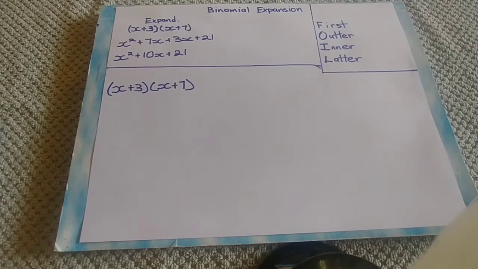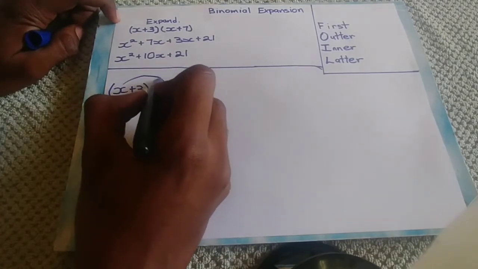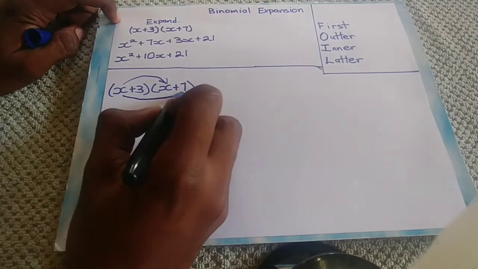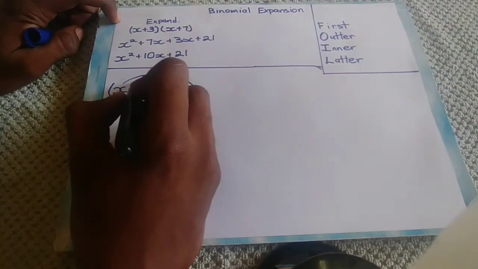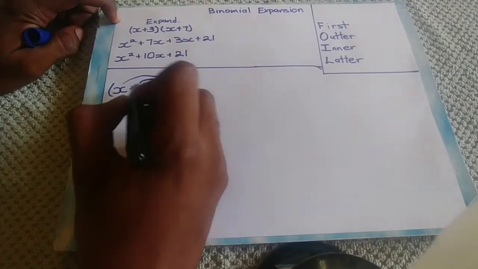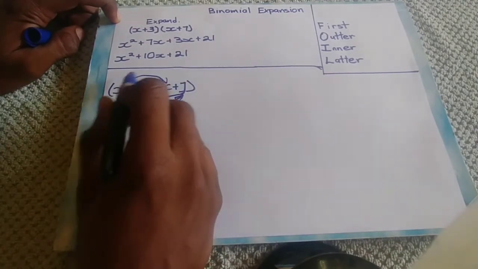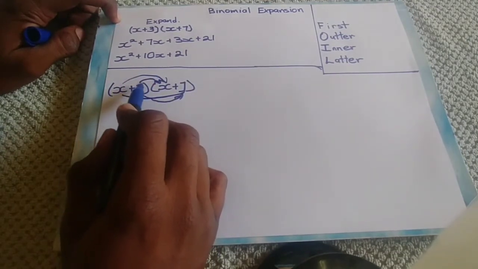Let me show you what I mean. You take the x, then you multiply it by x. You take the x again, and you multiply it by the 7. Then you take the 3, you multiply it by x, and you take the 3, and you multiply it by 7. So you multiply x by everything in that bracket, and then you multiply 3 by everything in that bracket.